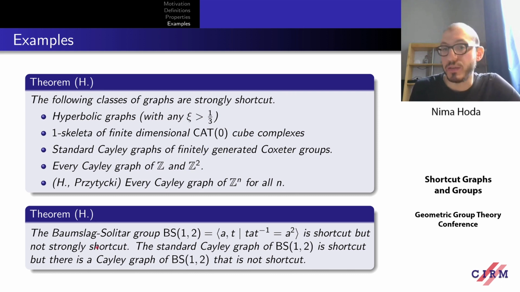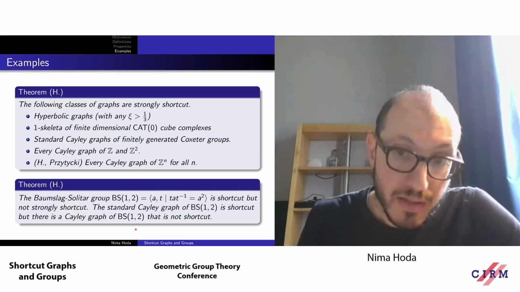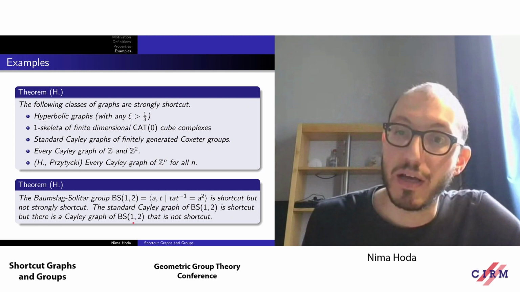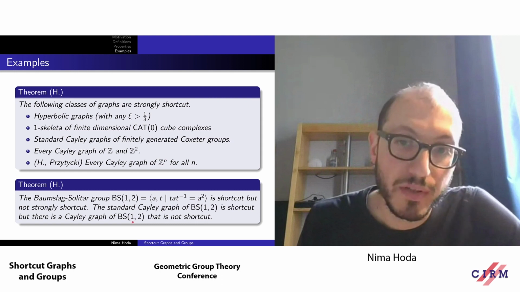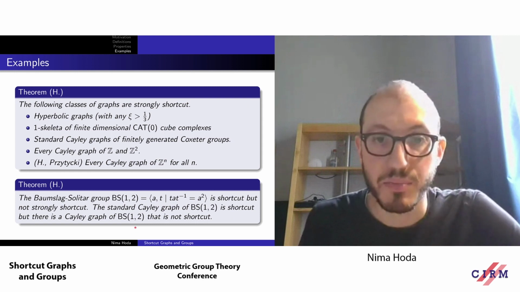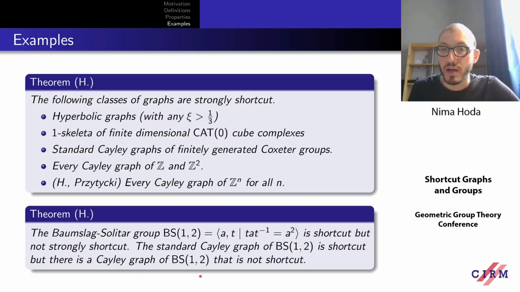The Baumslag-Solitar group BS(1,2) is in fact shortcut. Its standard Cayley graph is shortcut. But of course, BS(1,2) has exponential Dehn function, so it can't be strongly shortcut. So that's a group that's shortcut but not strongly shortcut. But on top of that, BS(1,2) also has a Cayley graph that's not shortcut. So we see there that we don't have invariance of the shortcut property under change of generating sets.